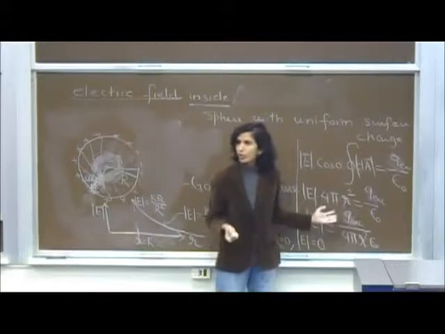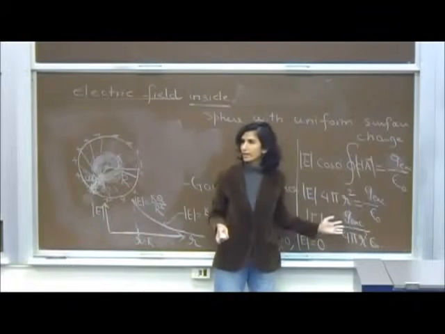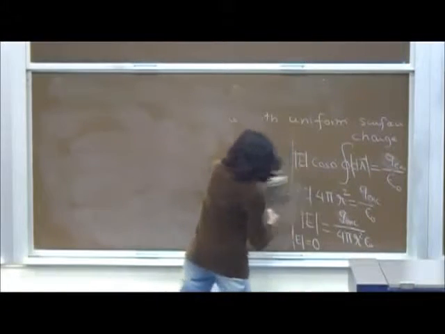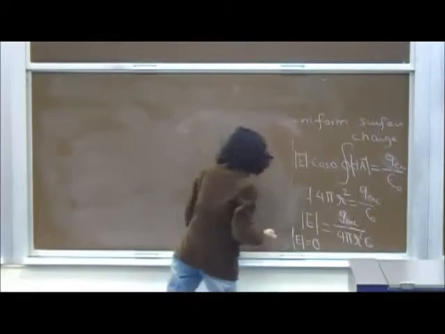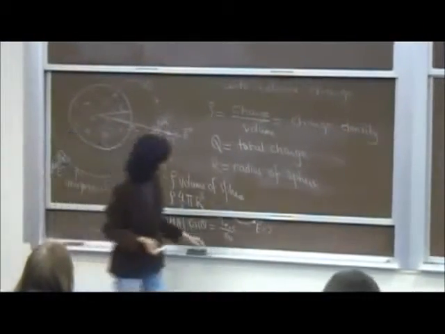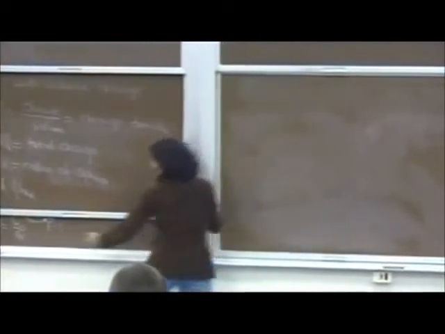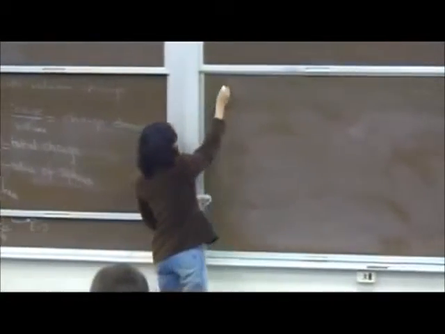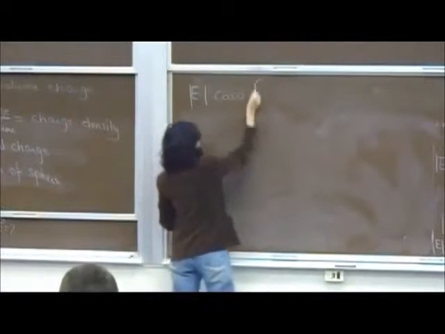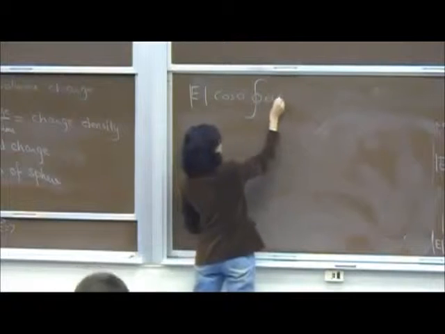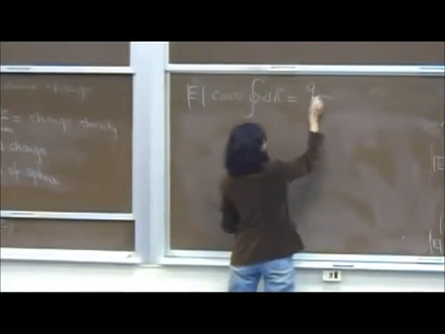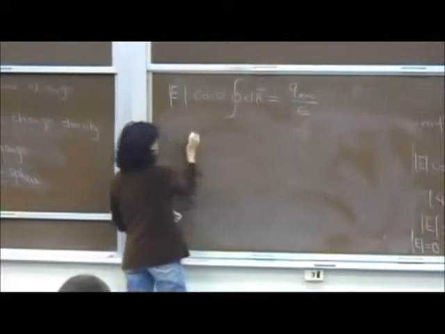Do you even want me to write down, or is this good for everybody? Let me write it down. All I'm trying to say is that this logic is still good for this problem so long as we are finding the electric field at some point here, and we can again say, oh, I'll pull out the electric field, we'll pull out cosine 0 degrees, which is 1 anyway, and this becomes integral dA over our closed imaginary surface, and this is equal to q enclosed divided by epsilon 0.